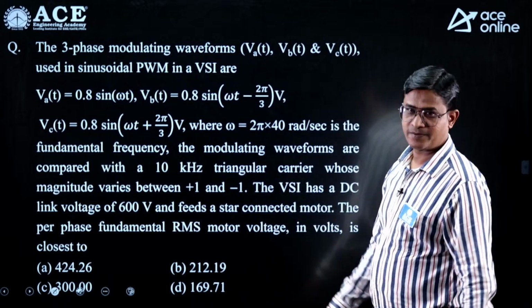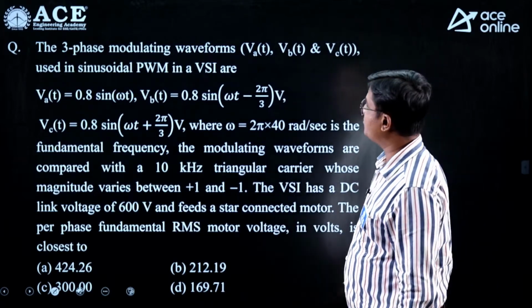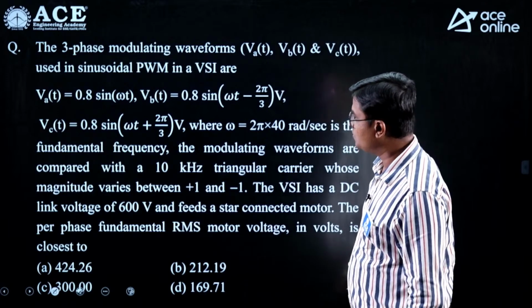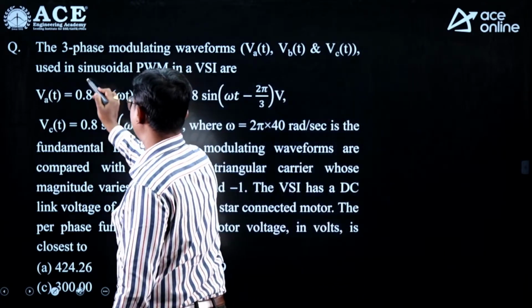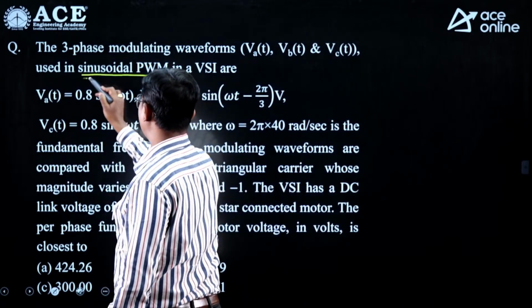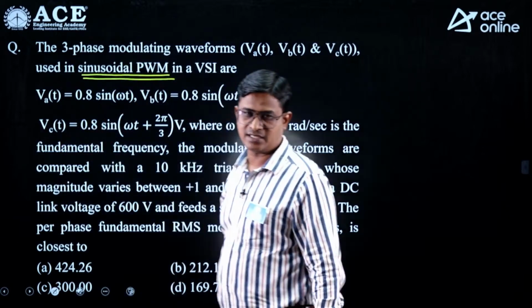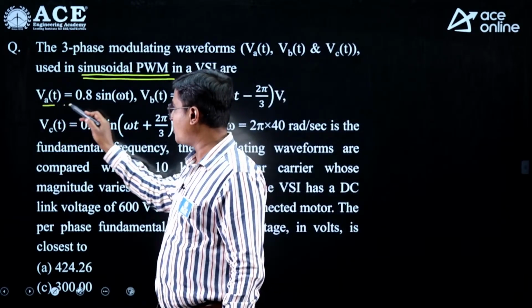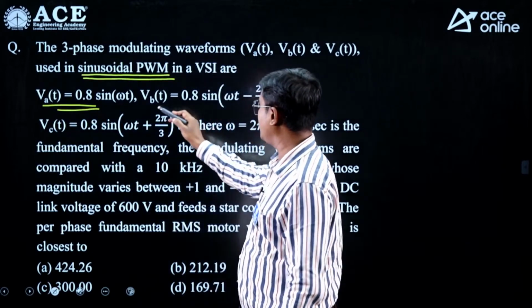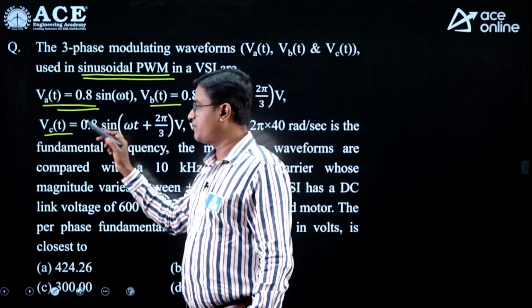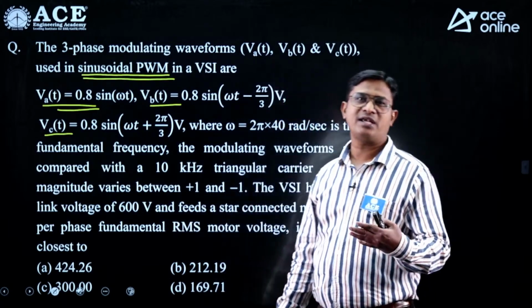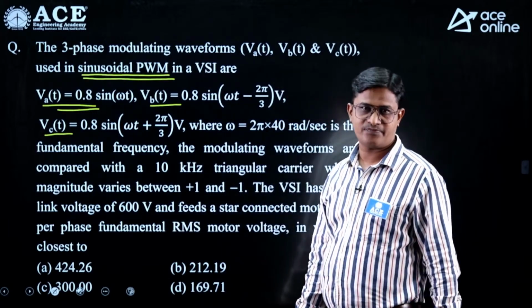And next question, the three-phase modulating waveforms Va of t, Vb of t and Vc of t used in a sinusoidal PWM. So here they are saying sinusoidal PWM in a three-phase voltage source inverter, right? Va of t, Vb of t and Vc of t are modulating voltages. Now in a sinusoidal PWM, your modulating voltage is nothing but reference voltage, right?